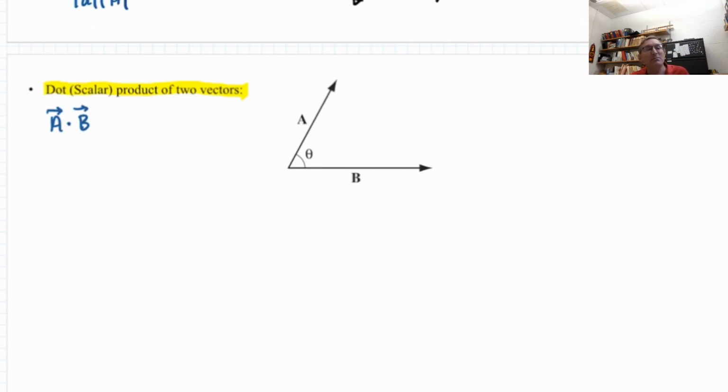Where you take two vector symbols, in this case a vector A and a vector B, and you just put a dot between them. And when you write like that, you are telling your reader, hey, I am taking the dot or scalar product of the vector big A with the vector big B.